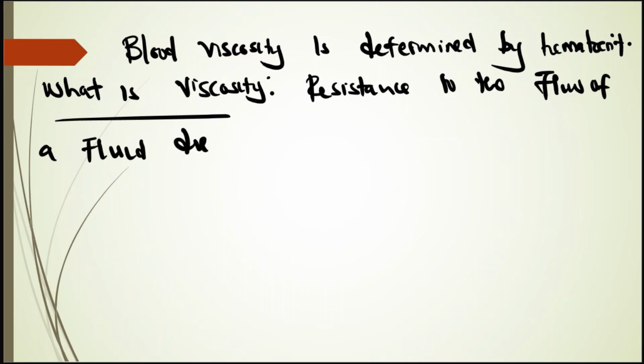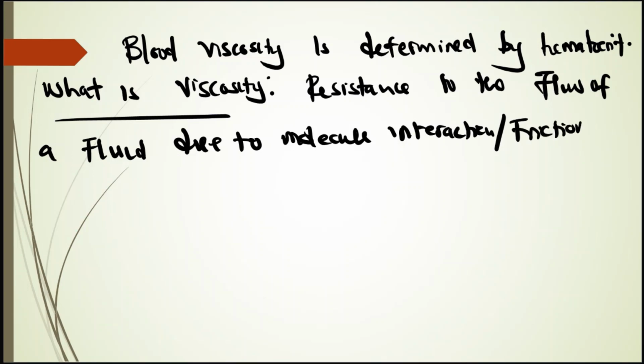due to interactions of molecules. Okay. Due to molecule interaction. You can say due to friction of molecules in that fluid. Okay. So what determines blood viscosity is hematocrit, which is the amount of red blood cells in the blood. Okay.